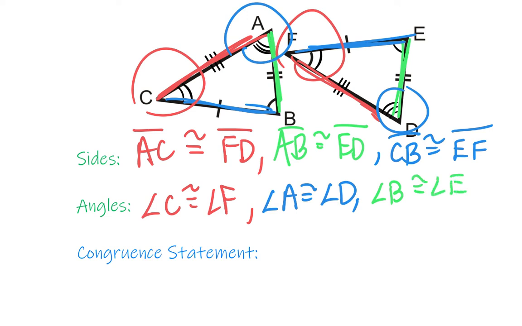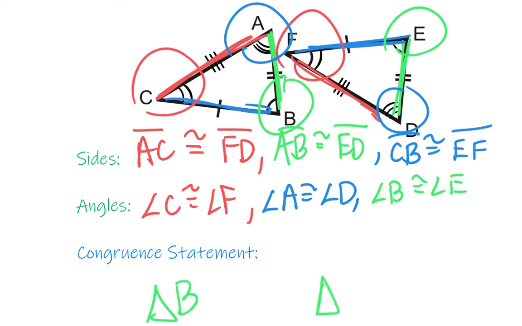Okay, now your congruency statement, I've color-coded, so that makes it a lot easier. Your congruency statement has to pick the names of the shapes that match up in the same order. So if I start with B, notice I did that in green, that matches E. Now I just move on to a new letter.